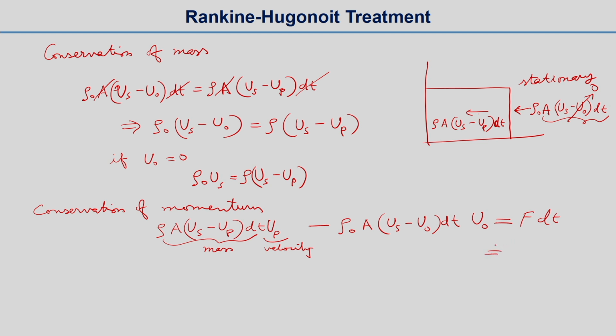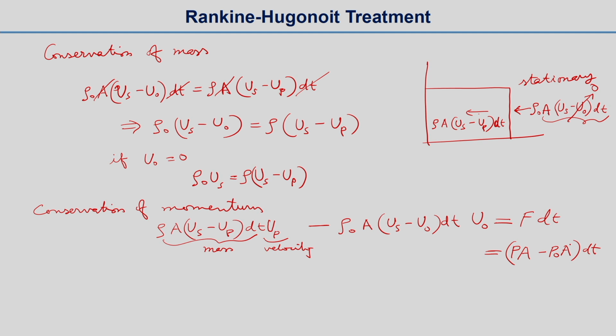We can write this F dt as pressure times area, PA minus P naught A, multiplied by dt. That is the force.